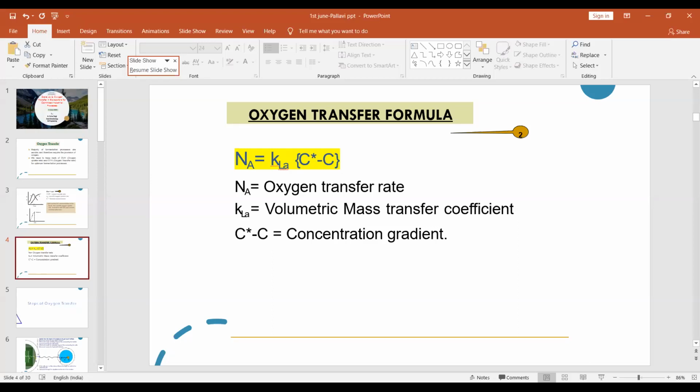What is KLA? KLA is the volumetric oxygen transfer coefficient. This is defined as the amount of oxygen transferred per unit area, per unit biomass, per unit time. So the more the surface area.